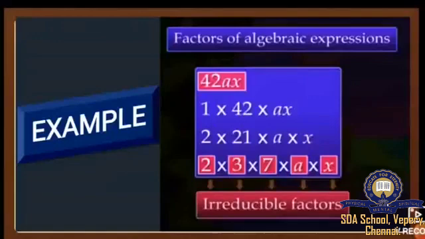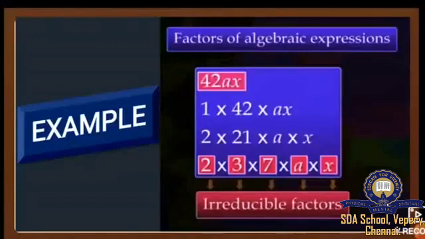So here the third form gives the factors of 42ax, since 2 into 3 into 7 are the irreducible factors of 42, which means you cannot reduce them further. Also, the irreducible factors of ax are a into x. So, the factors of 42ax are 2 into 3 into 7 into a into x.